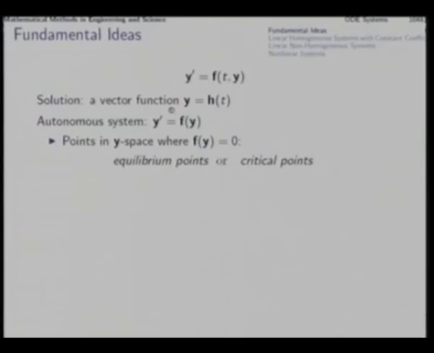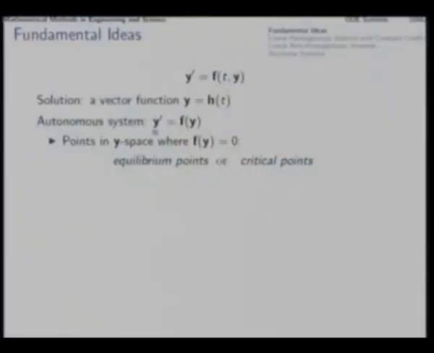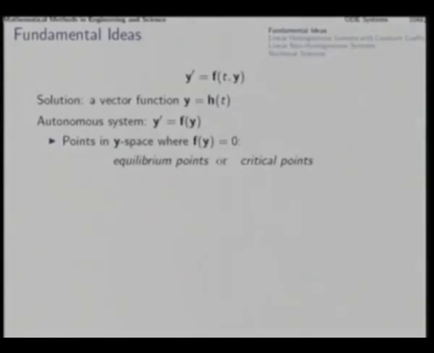And why are these particularly important? The special importance of autonomous systems is because of the fact that laws of nature do not change with time. That means, if this particular system of differential equations is representing a phenomenon governed by a particular law of nature, then that law of nature will not depend upon time explicitly.